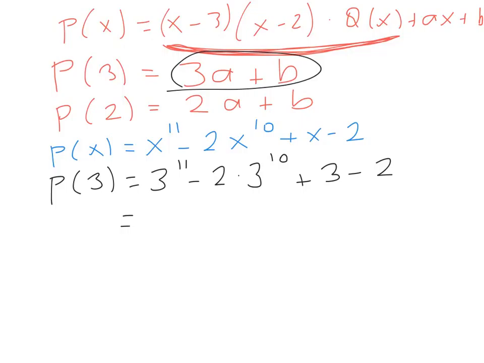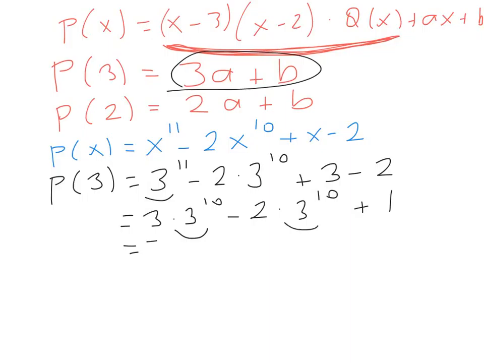For example, in exponents. So 3 to the power of 11 can be written as 3 times 3 to the power of 10, minus 2 times 3 to the power of 10 plus 1. So as you see, 3 to the power of 10, 3 to the power of 10, these are like terms.